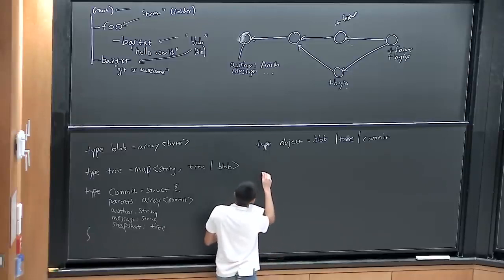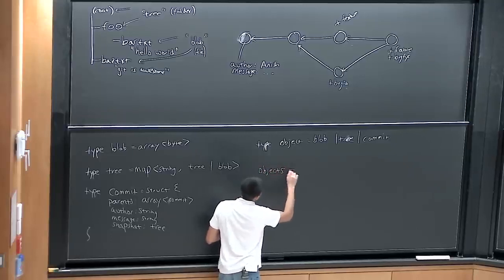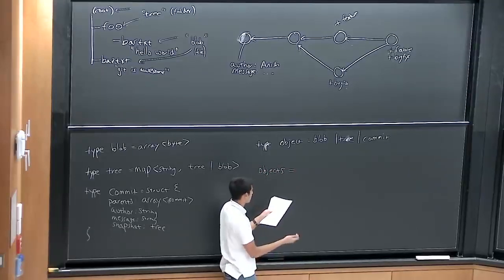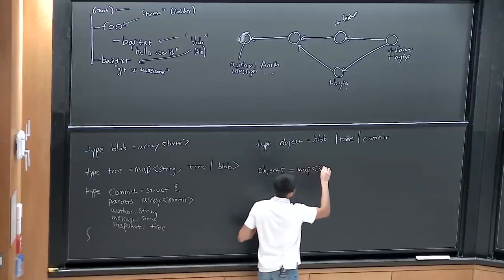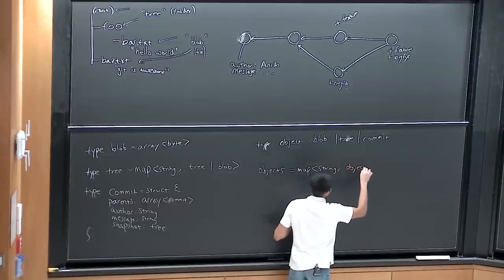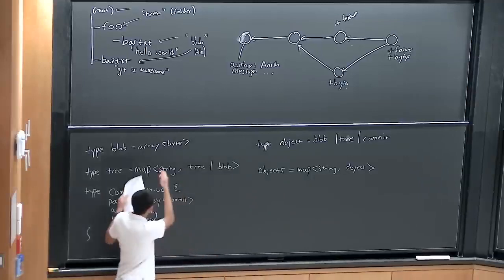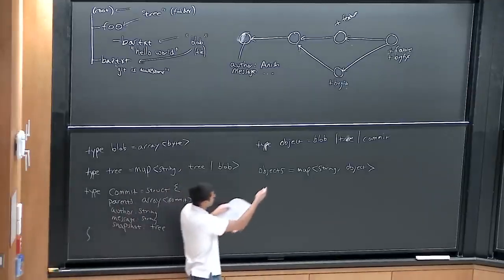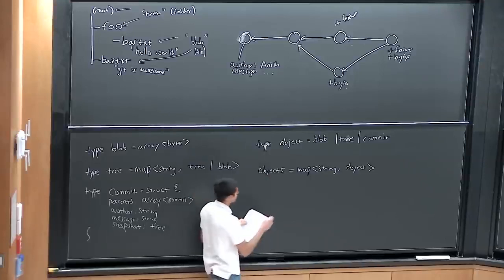What Git maintains on disk, and we can look at this later, is a set of objects maintained as this content addressed store. If you have any one of these objects, the way you put it into the store is that its key is the hash of the object.